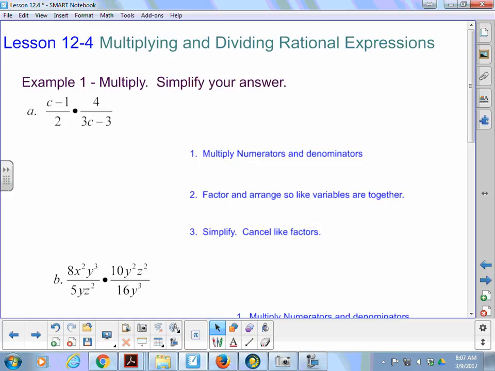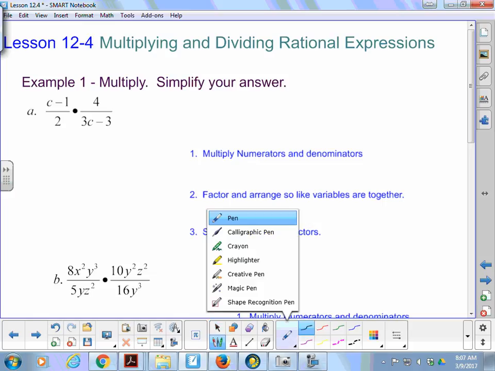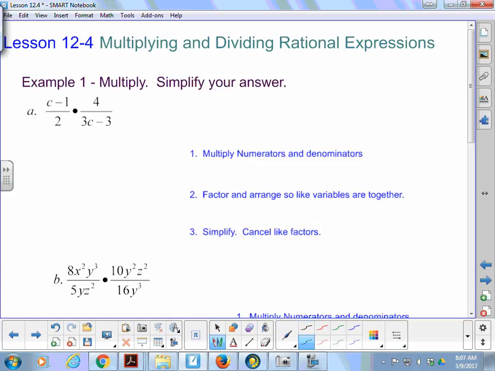All right. So it says to multiply them, and when I say to multiply them, we just get rid of the multiplication sign and have one fraction bar. But then we're going to factor. So here we'll rewrite this one as 4 times c minus 1 in the numerator, so that the constants come first.